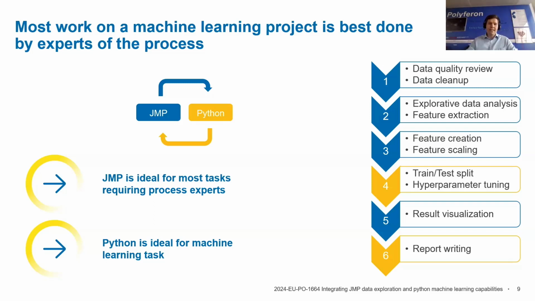Then later on, this data is directly handed over to Python, where some typical machine learning tasks like model selection or hyperparameter tuning are performed. And then the data is going back to JMP where it can be visualized. And then, of course, if you want to write a report from that, that can be done easily by Python without the user having to write it himself.